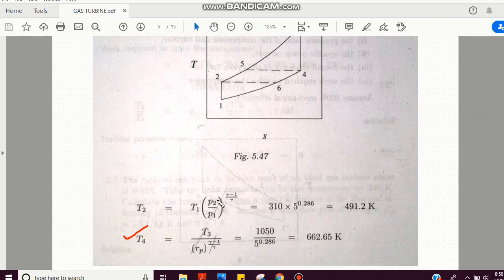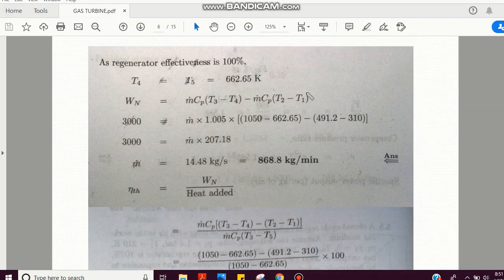Pressure ratio is 5, that is P2 by P1. So 1050 by 5 to the power 0.286. So that becomes 662.65 Kelvin.